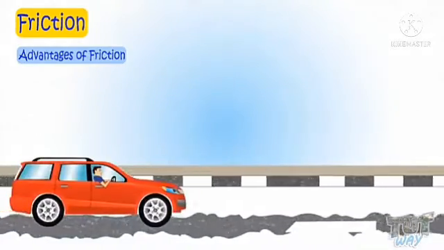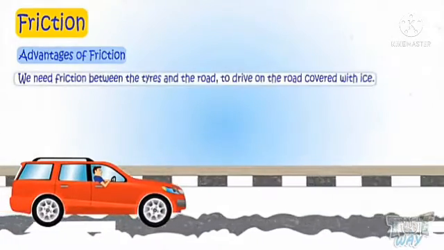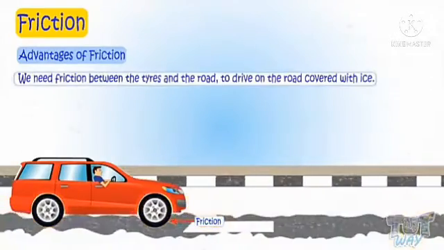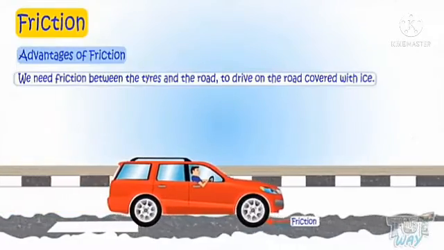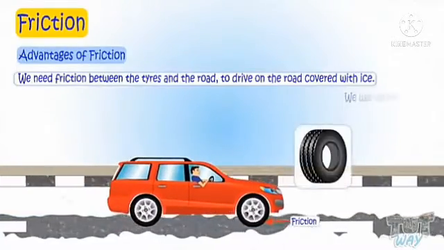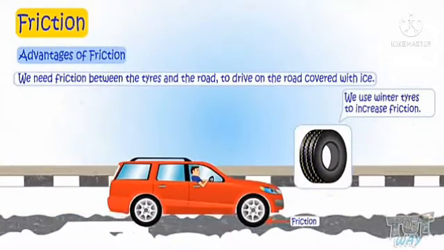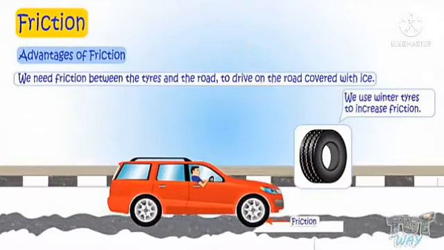Unlike when the road is wet or snowy, we need friction between the tires and the road to drive on a road covered with ice or water, because the water or the ice reduces the friction of the car with the road. So we need winter tires to increase the friction.